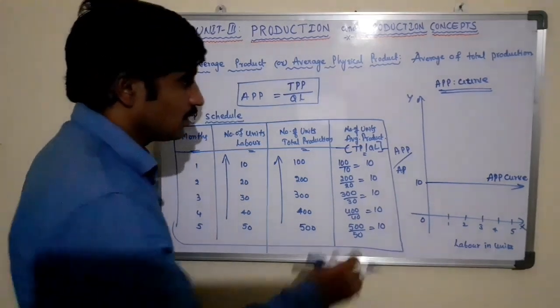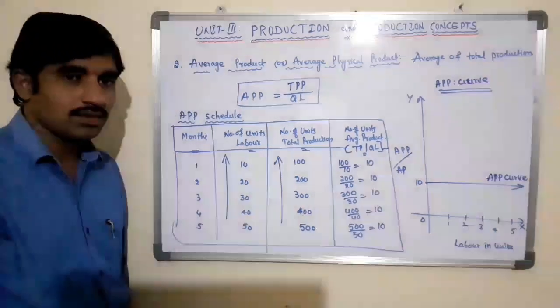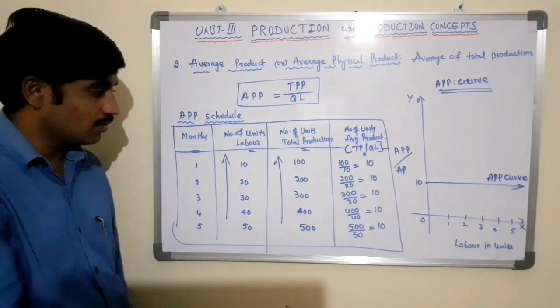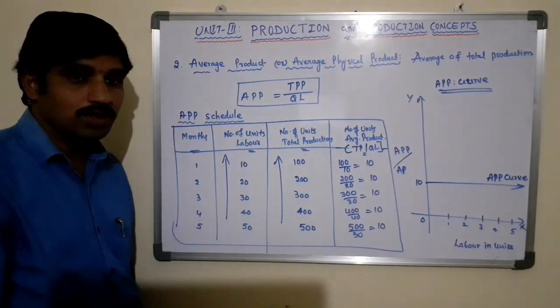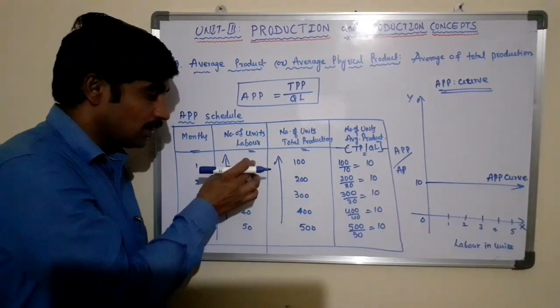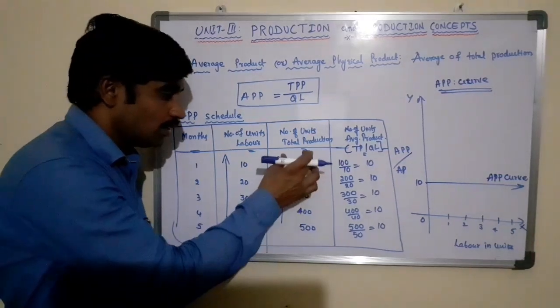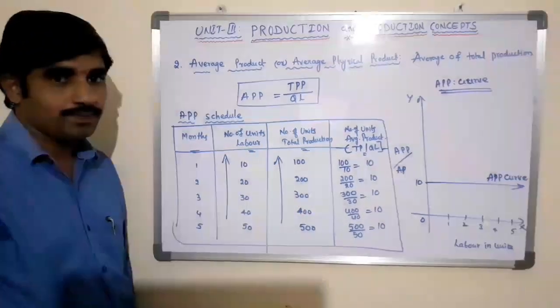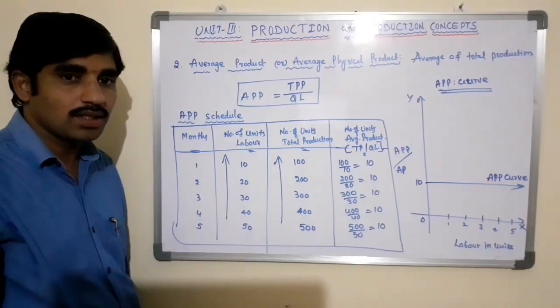In such cases, the average product is always constant. There is no change, because there is a positive proportionate relationship between the quantity that we are introducing in terms of labor and the total quantity that we are producing in terms of total production. This is about the average production or average physical production.